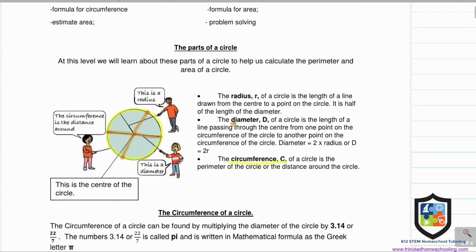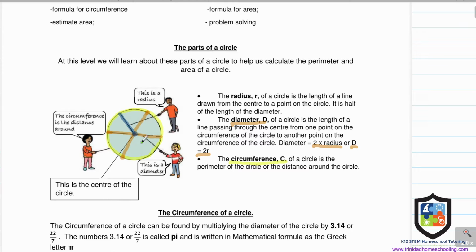And the diameter is calculated as diameter is equal to 2 times the radius. Now let's look at what the radius is. The radius, I'm going to highlight that in blue, is this line. It starts at the center of the circle and touches one end of the circumference.